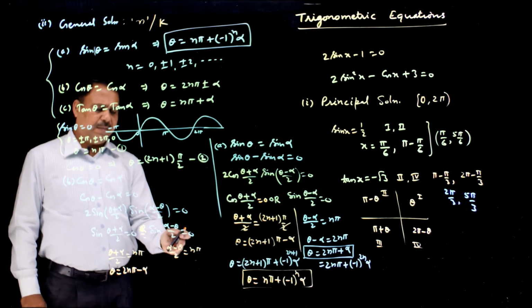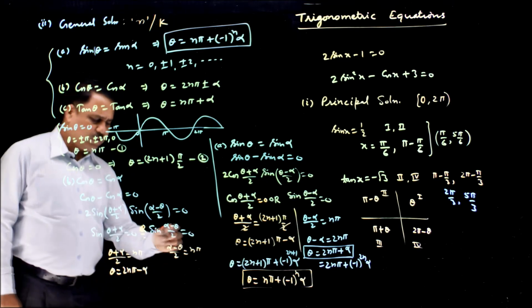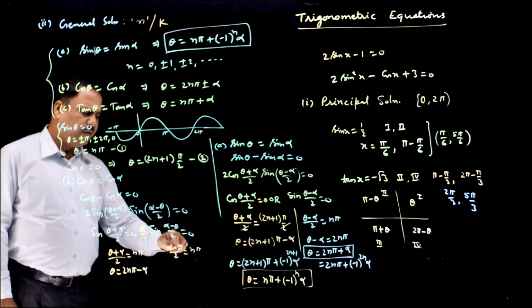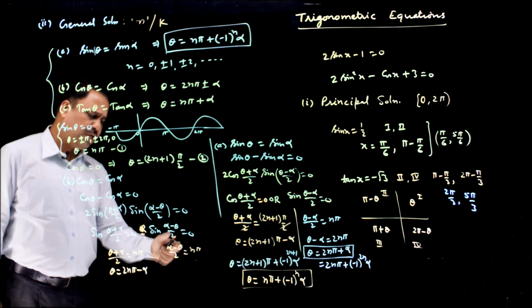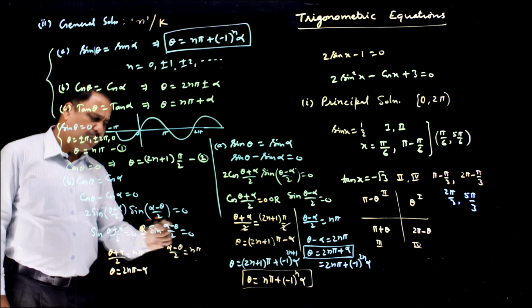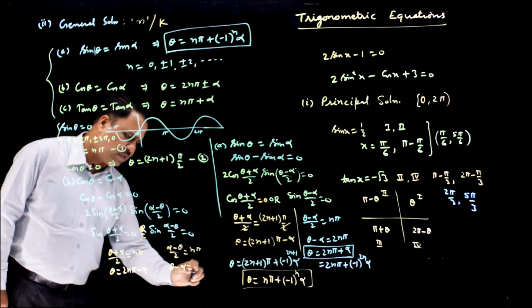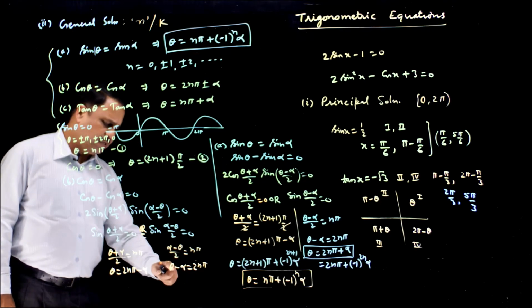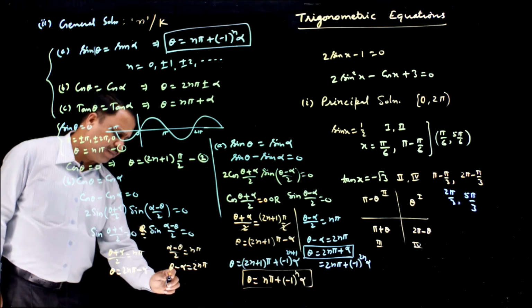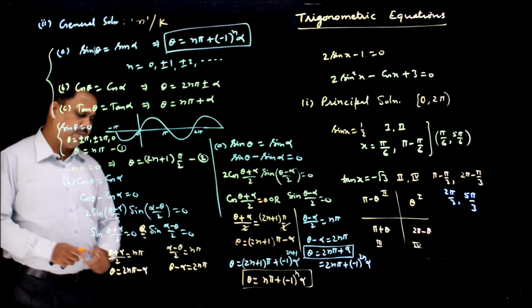Whether you write alpha minus theta is equal to n pi, n can be negative also. So you can write (theta minus alpha) upon 2 is equal to minus n pi also, because here the minus you can take outside, and minus will go into this multiplication. So you can write theta minus alpha is equal to 2n pi.